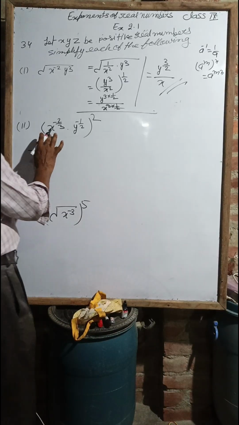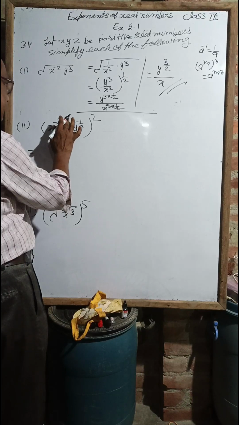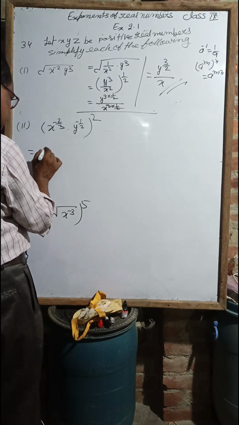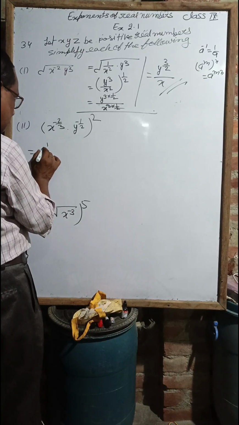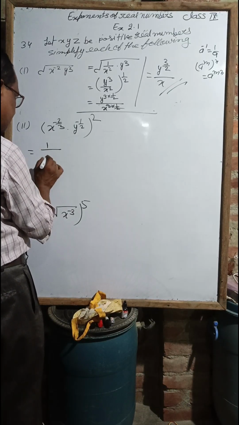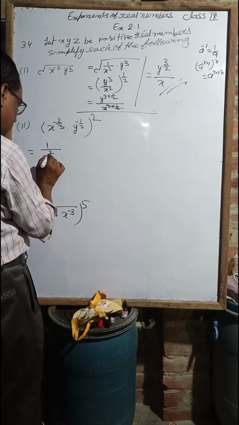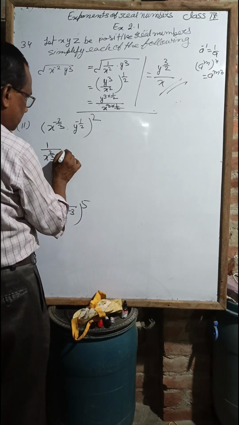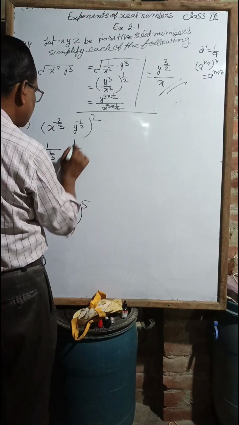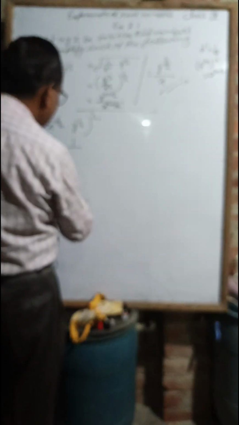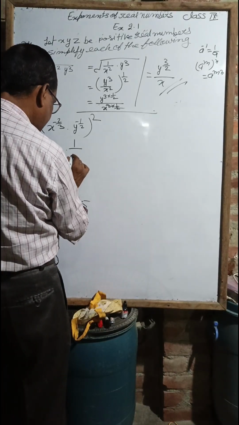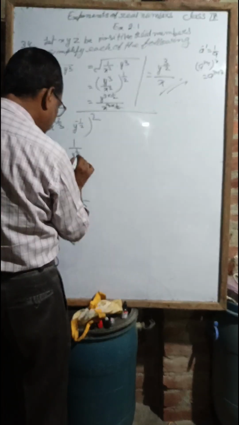So y to the power 3 into 1 over 2 upon x square into 1 over 2 is equal to y raised to the power 3 over 2 upon x, the 2 cancels out.